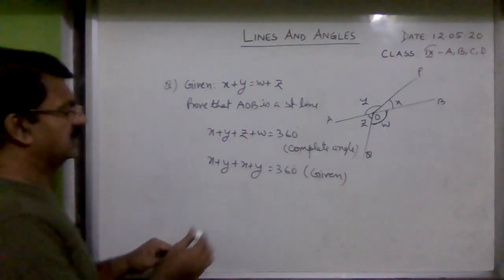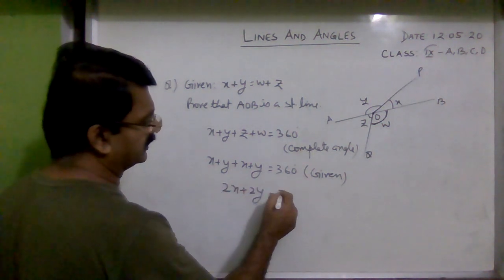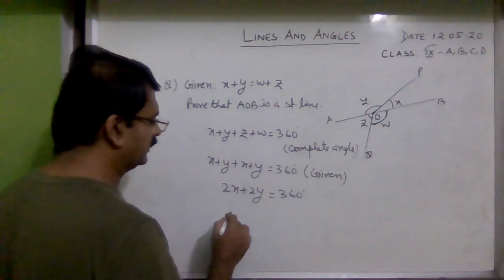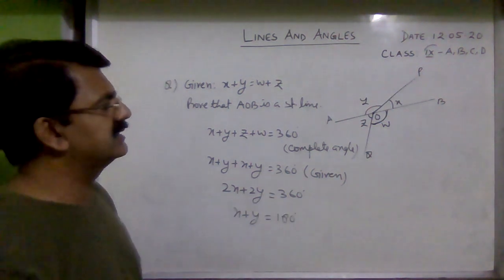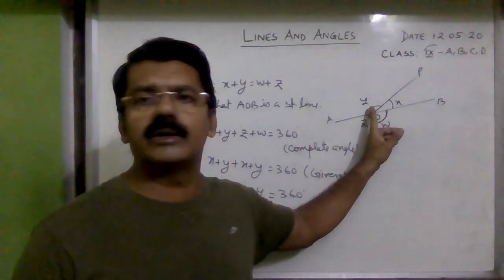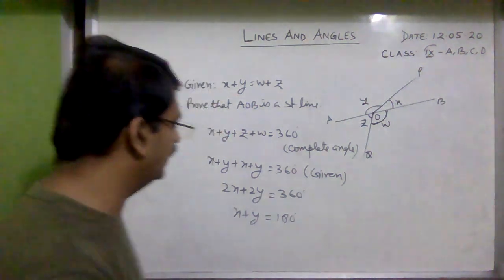Now X plus X, 2X plus 2Y is equal to 360. Divide the whole thing by 2, then X plus Y is equal to 180. Now using axiom 2, we can say when X plus Y is equal to 180, that means AOB is a straight line.